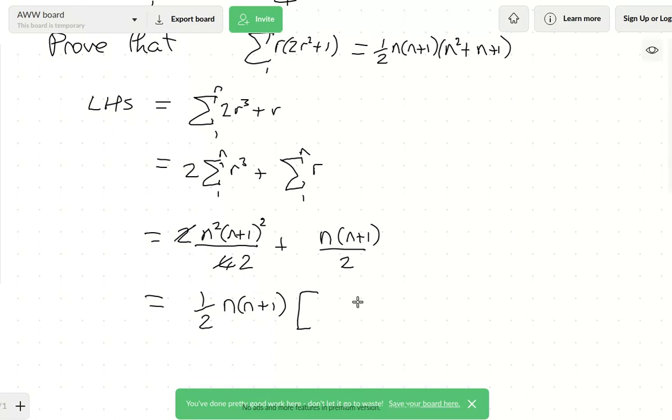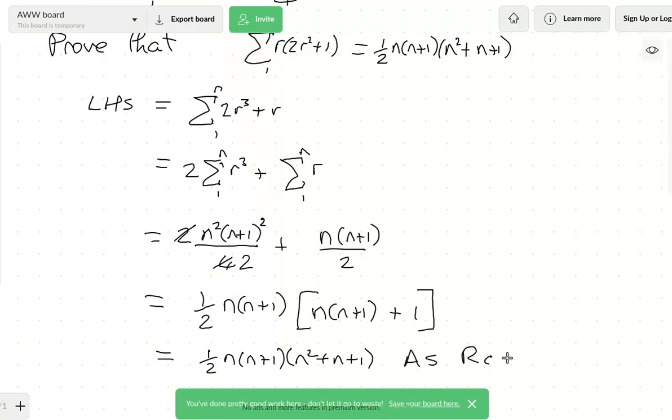Now, what will we need to multiply that by? Well, n, because n times n would give me the n squared, and then n plus 1, and then plus 1 on the end, because that times that gives me that. Then if I multiply out the bit in the brackets, I get a half n plus 1, and then n squared plus n plus 1, as required. That's the kind of thing you might do in the second exercise.